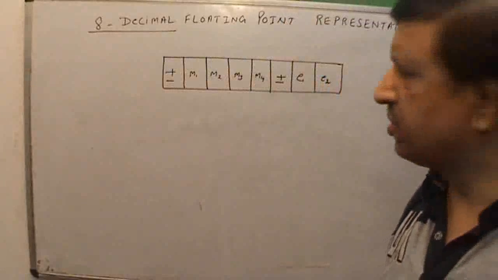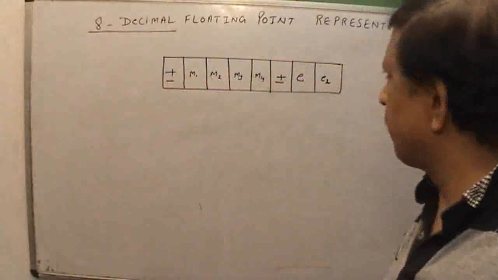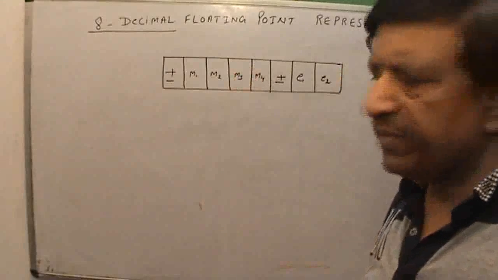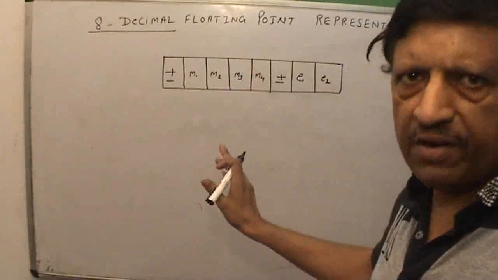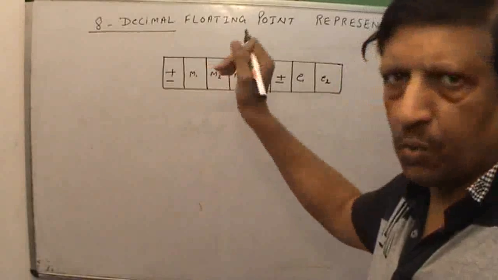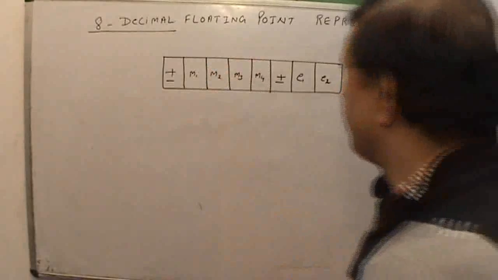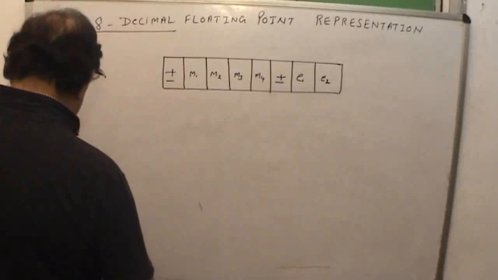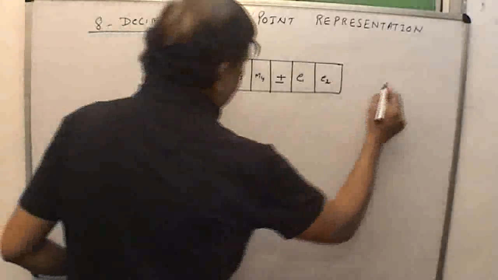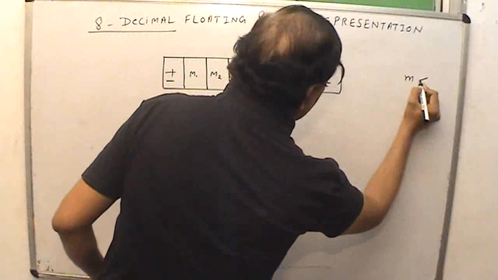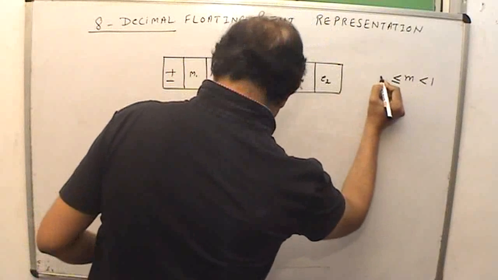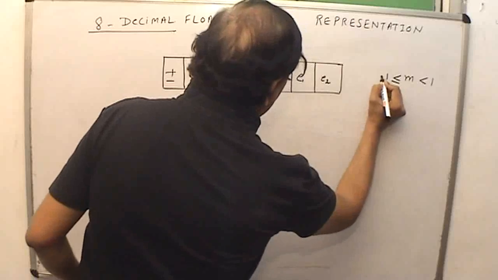Its advantage is that the computer system can identify every digit under this rule. We will discuss this. Let us see. We want to represent the mantissa. M stands for mantissa, which is always less than 1 and greater than or equal to 0.1.